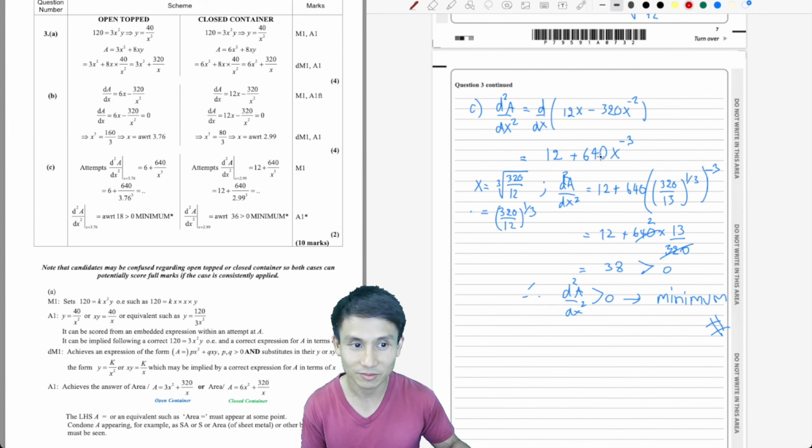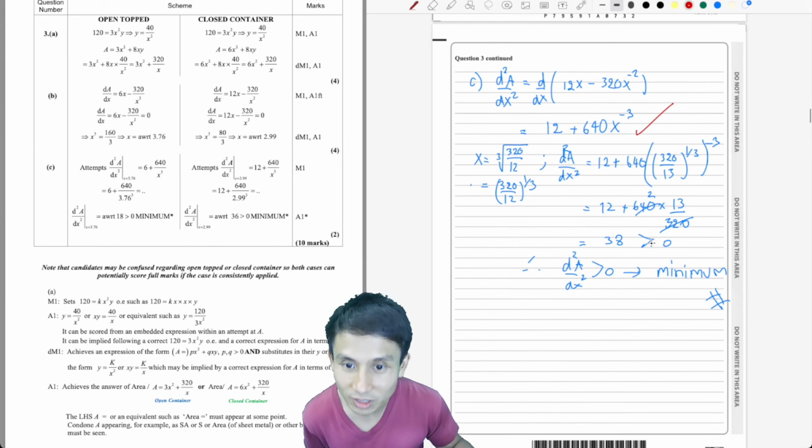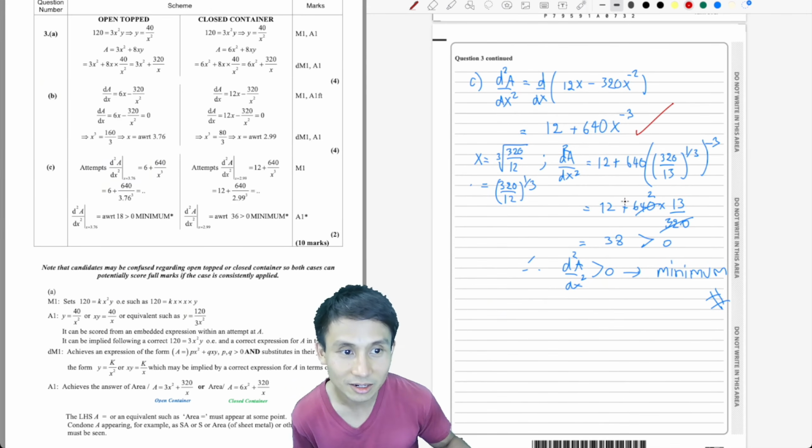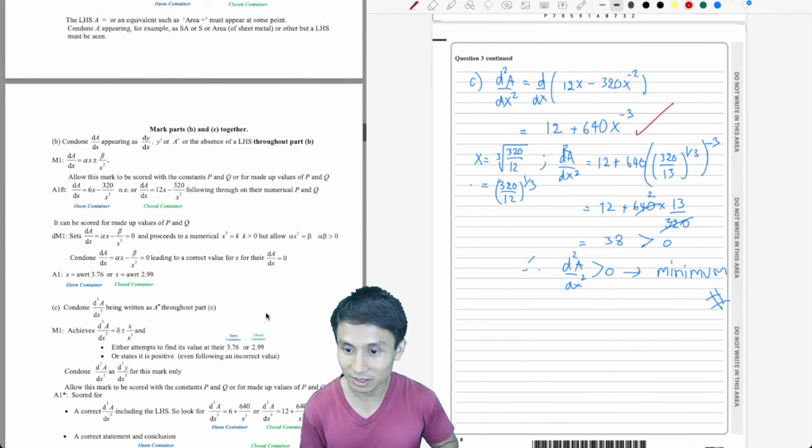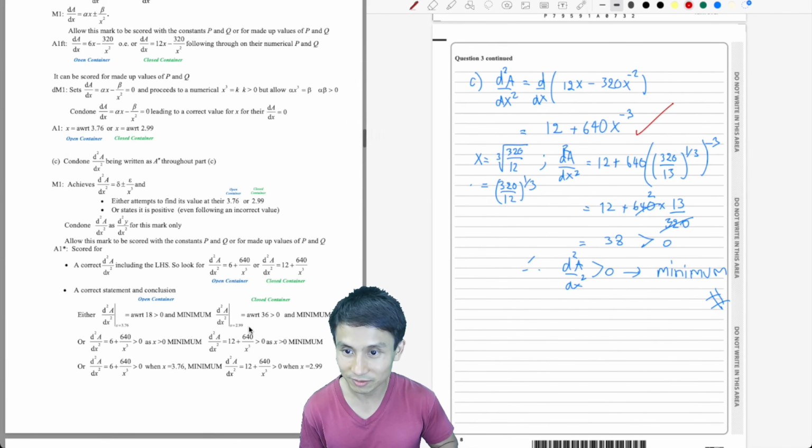This is 640 over x squared. Yeah, okay. X cubed. That's fine. And then I substituted. Somehow I got a different number here. It's not 36. I got 38. Let's see if I have that mark there.